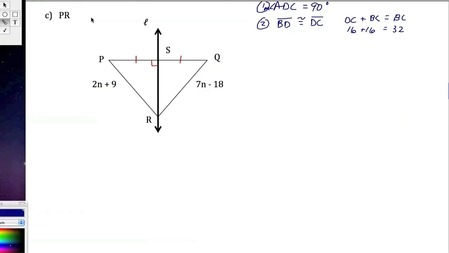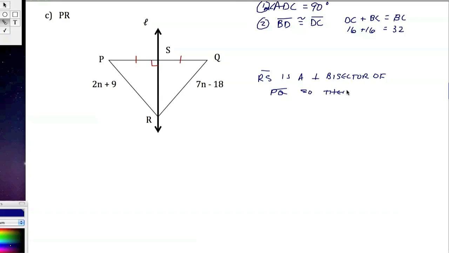The next one, see if you can do it on your own. I'm going to keep going on through it. So pause here if you'd like to do this one. What we have here is a perpendicular bisector. So RS is the perpendicular bisector of PQ.